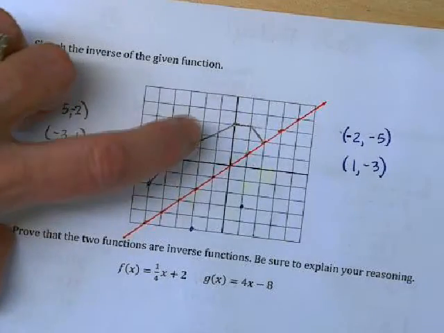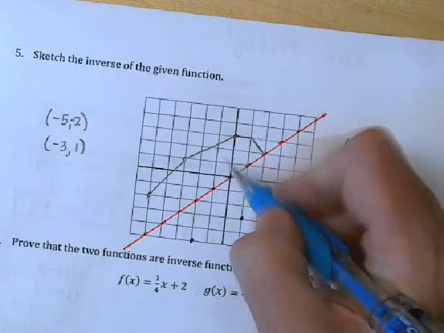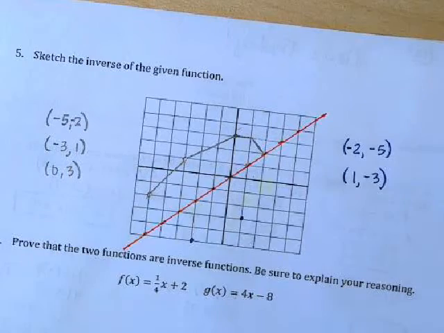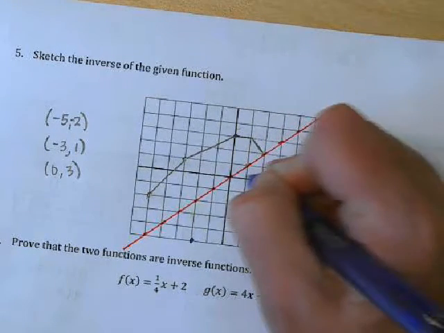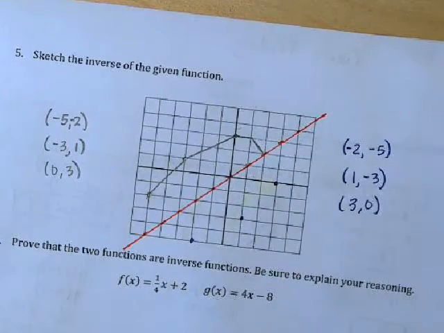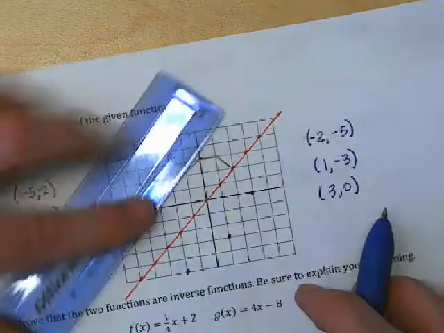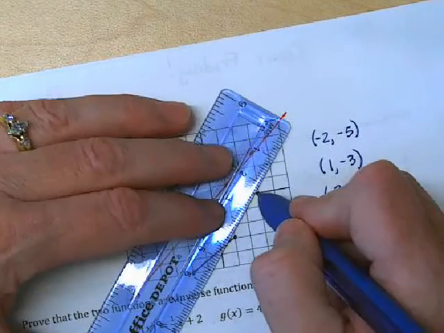Okay? Then I'm going to do this point right here, and this is the point 0, 3. So that'll become the point 3, 0. I'm making sure it's looking correct.